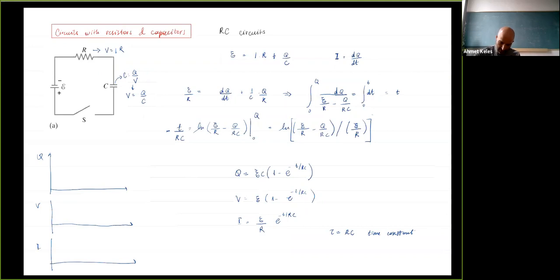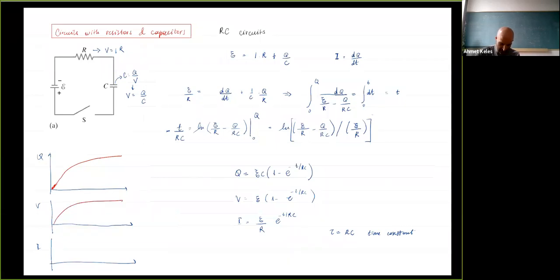At T equals 0, 1 minus 1 is 0, so it starts from 0, something like this. As T goes to infinity, this term drops and it goes to a constant value like this. V has the same form, something like that.